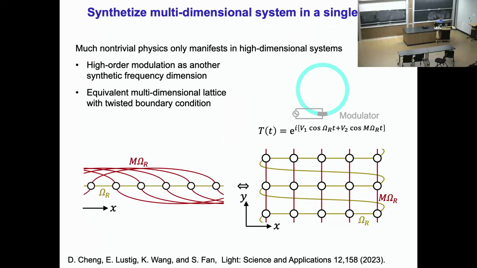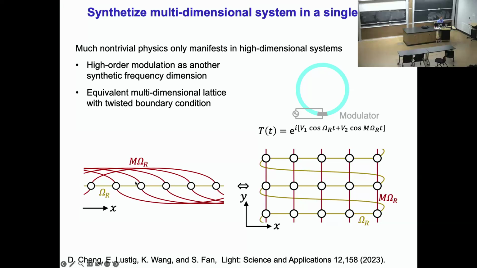Up to this point, I showed you an example of using a single ring to create a one-dimensional system. It turns out that you can create a two-dimensional system, or even an arbitrary dimensional system, by long-range coupling. Here's an example where you take the modulator and put in two modulation tones, one of them at the free spectral range, the other one at an integer multiple of the free spectral range. You can plot this in a 1D model, and then you just get a long-range coupling.